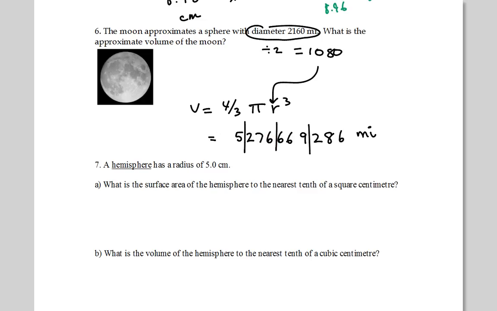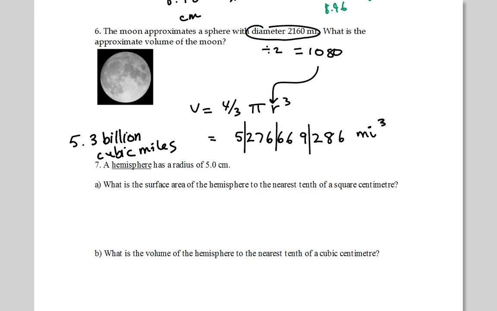Million. Billion. So this would be 5. In everyday language, this would be about 5.3 billion. And this unit would be cubic miles. So massively huge.